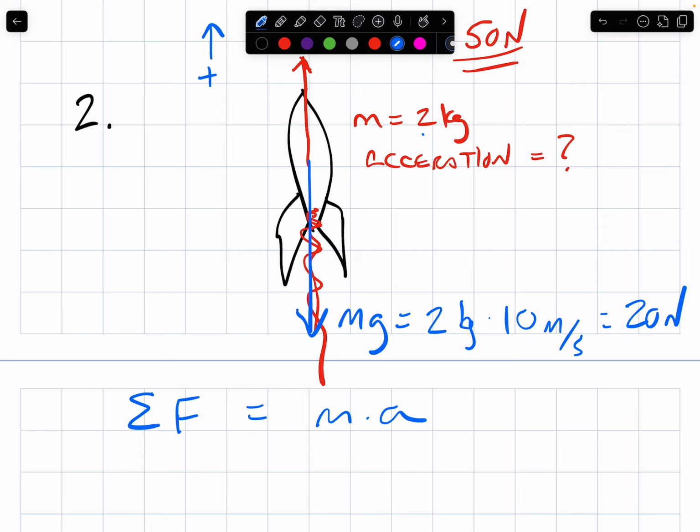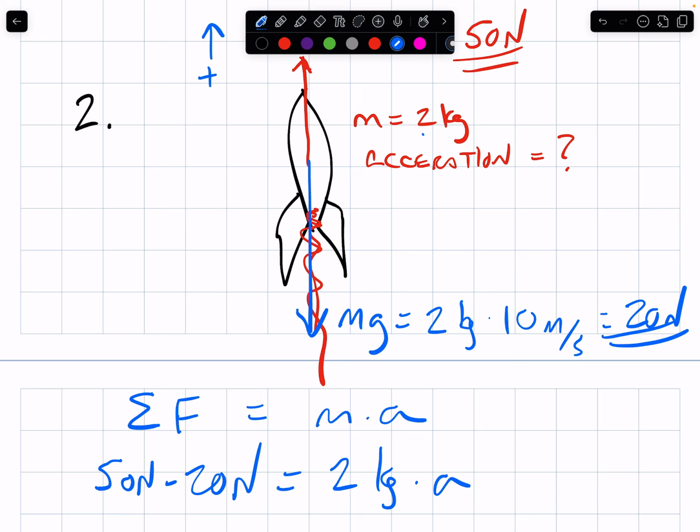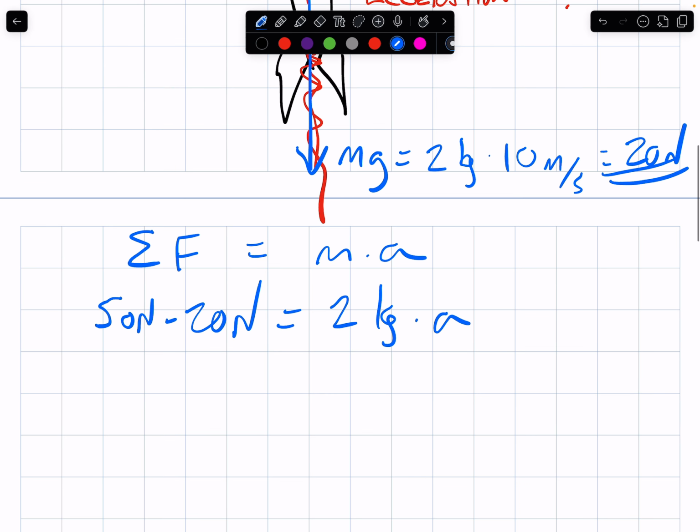Here the net force is 50 newtons minus the downward force, 20 newtons, and that is equal to 2 kilograms times a. On the left, 50 minus 20 is 30, so 30 newtons is equal to 2 kilograms times a.